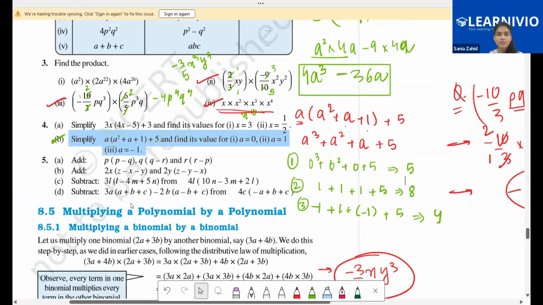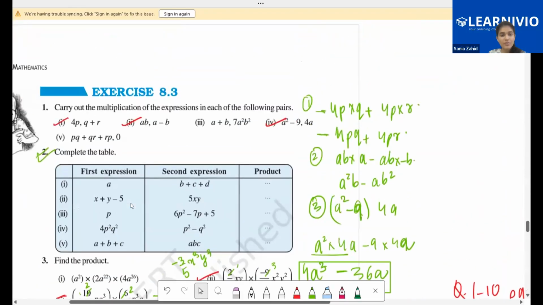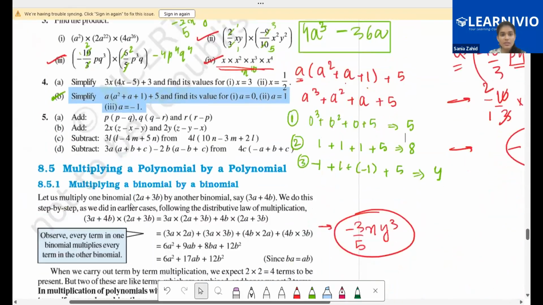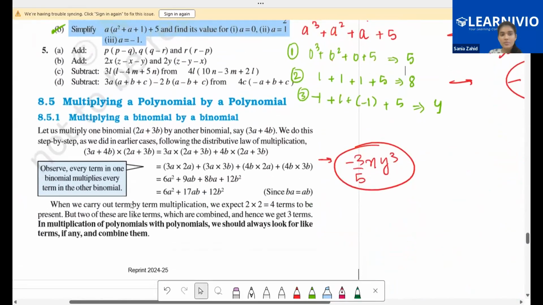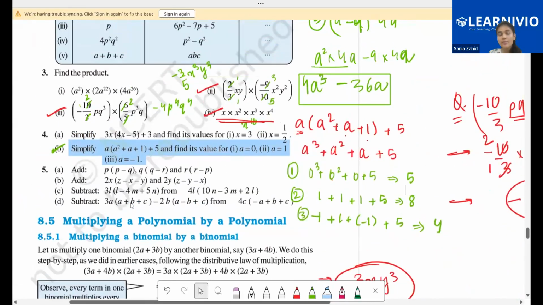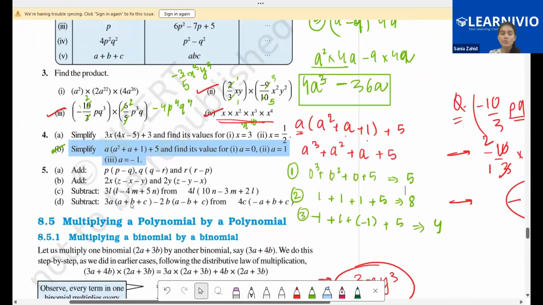Okay, ma'am. Got it? Okay, so now children, we haven't practiced many of the questions till now. I only practiced the important ones with you, so that in the next class, you are according to the batch syllabus. But children, make sure that you are practicing all the remaining questions on your own.